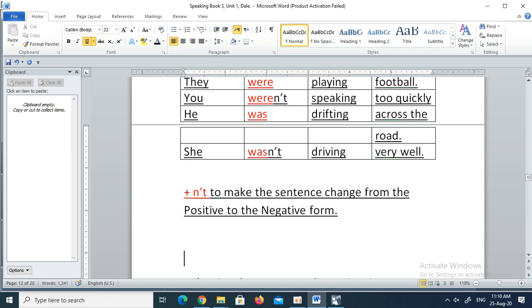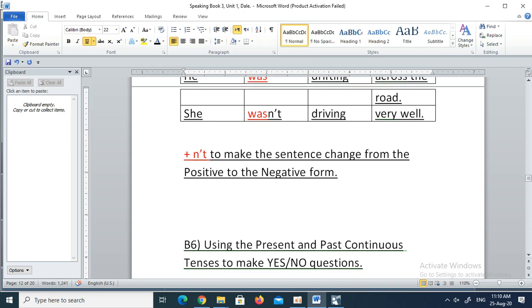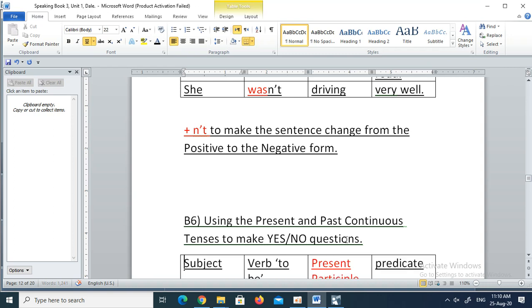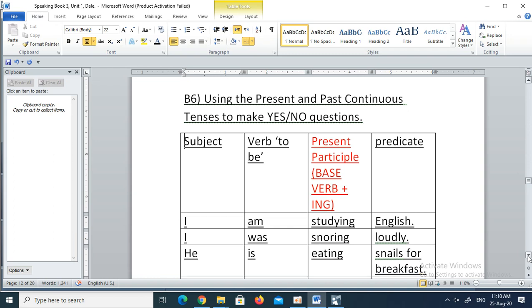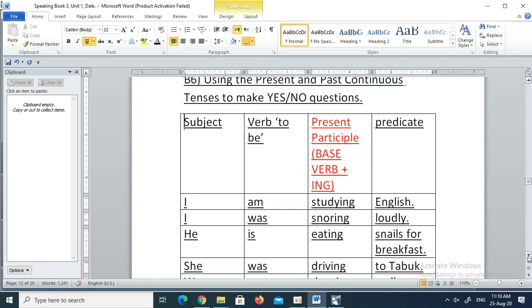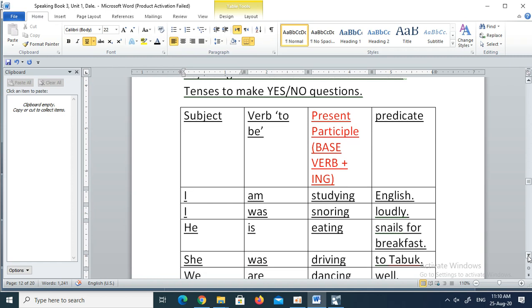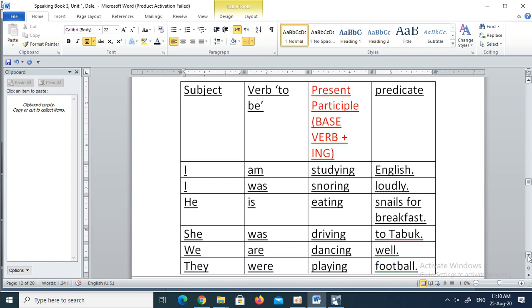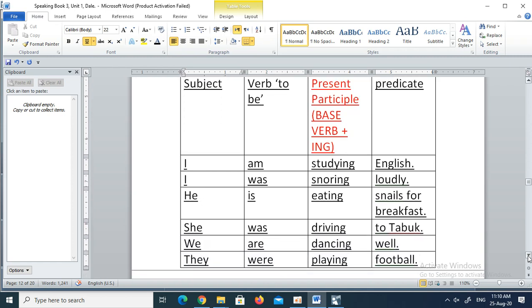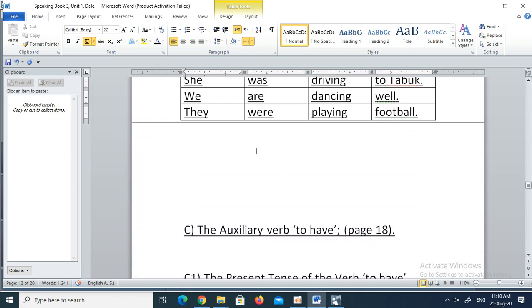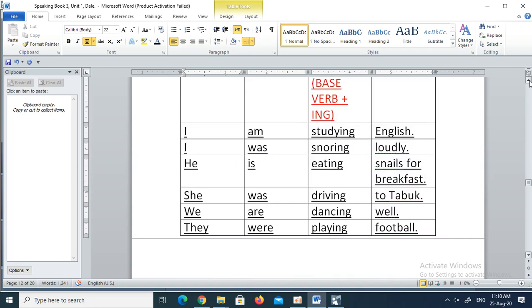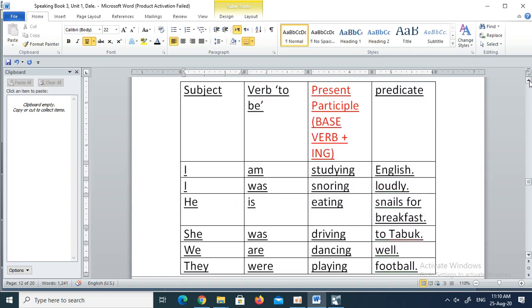Now, using the present and past continuous tenses to make yes and no questions. Again, if we have the statement, I am studying English, I was snoring loudly, he is eating snails for breakfast, all we have to do is change these blocks.